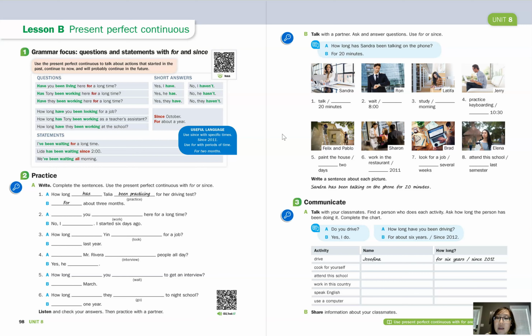Okay, and then let's look at number 4. How long has Jerry been practicing keyboarding? Okay, I know that's a little tricky because keyboarding is a gerund form as well, because it's an activity, and it also ends in ing. So you might think, oh, can I use 2 ings?